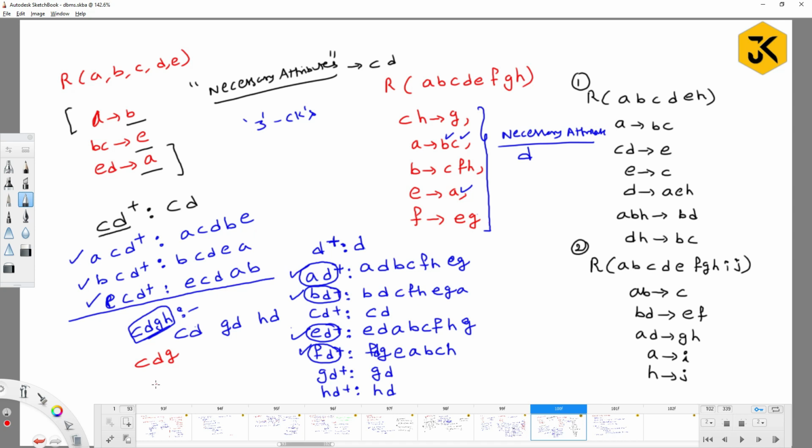G or H. For GD, if I include C, which is already redundant, I don't need to consider it; GD, H. What about HD? HDC is redundant already, and HD, G is also redundant. So out of a lot of possibilities, we have taken only 3 into consideration. Now try to find the CDG closure. What is CDG closure?